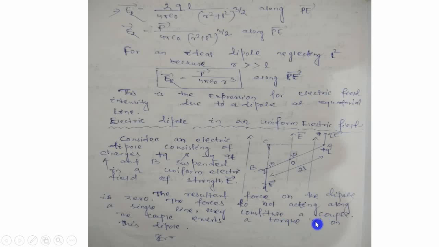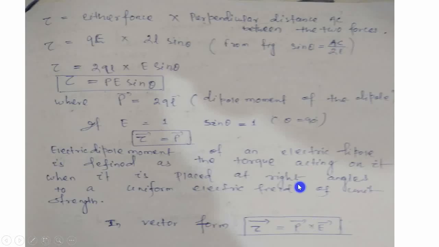Torque is the turning force, and you already know from your 11th class that torque is the product of either force into the perpendicular distance between them. Here torque is written by the symbol tau, either force into perpendicular distance.